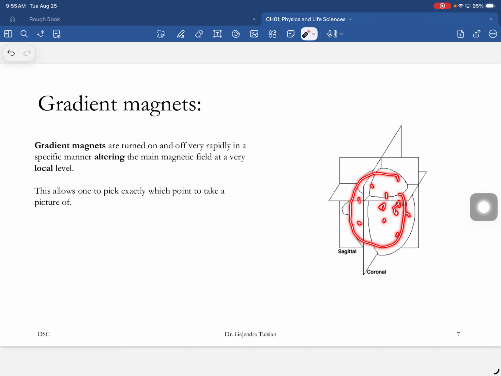And at the point that you're taking a picture, it precisely matches the radiation you're sending it. And only that point will absorb the radiation and emit it back, and you can take a picture. And then if you want to take the picture of the next spot, you change the magnetic field, go to the next spot, make the magnetic field appropriate there, and take a picture.